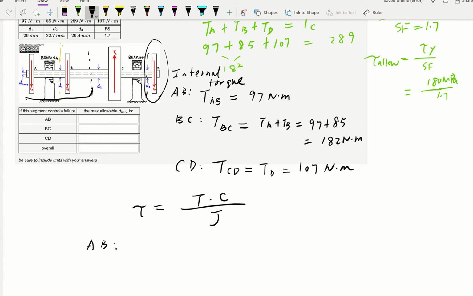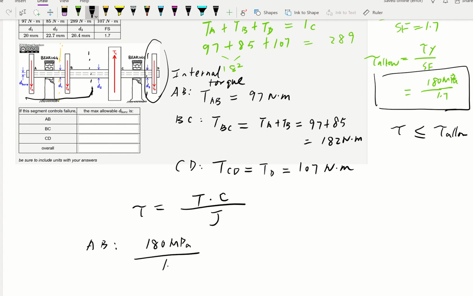The maximum shear is going to be equal to this allowable stress. That's as much as it can go, right? Because our tau here is going to be less than or equal to this allowable. So maximum will have 180 megapascal over my safety factor, which is 1.7.